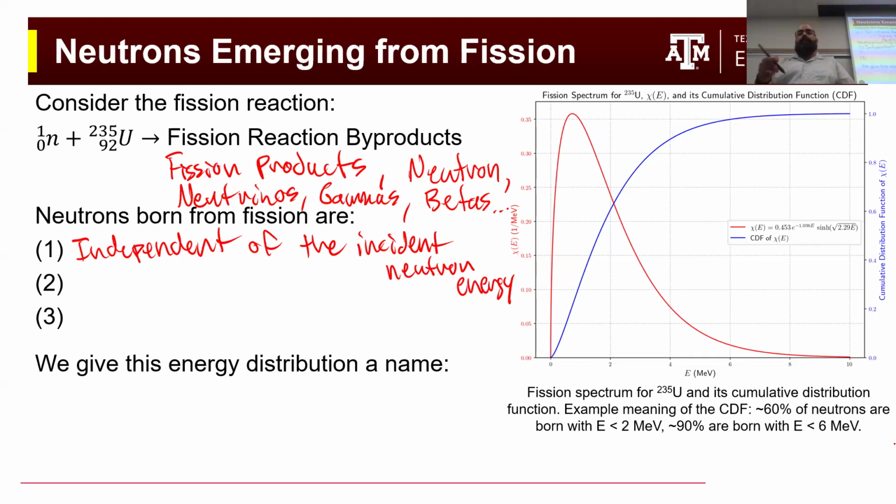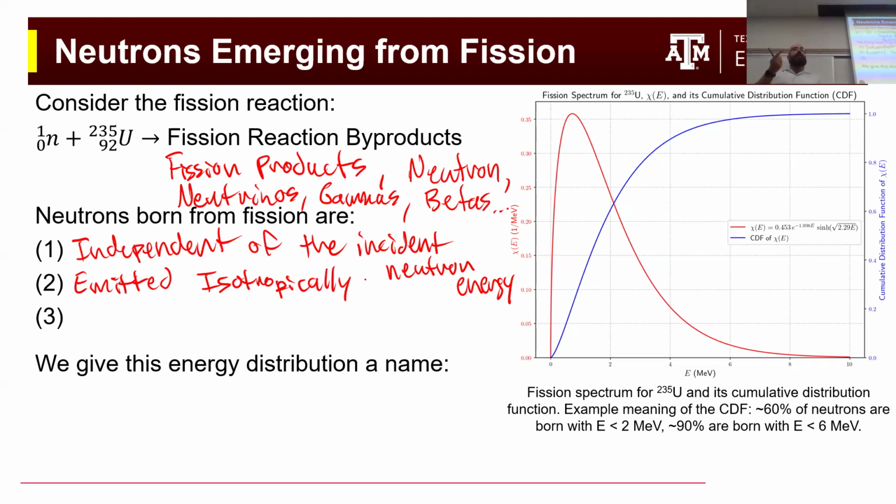These neutrons that come out of fission are also going to be emitted isotropically. So there's no preferential direction from which neutrons come out of fission. They're not biased towards one particular direction.